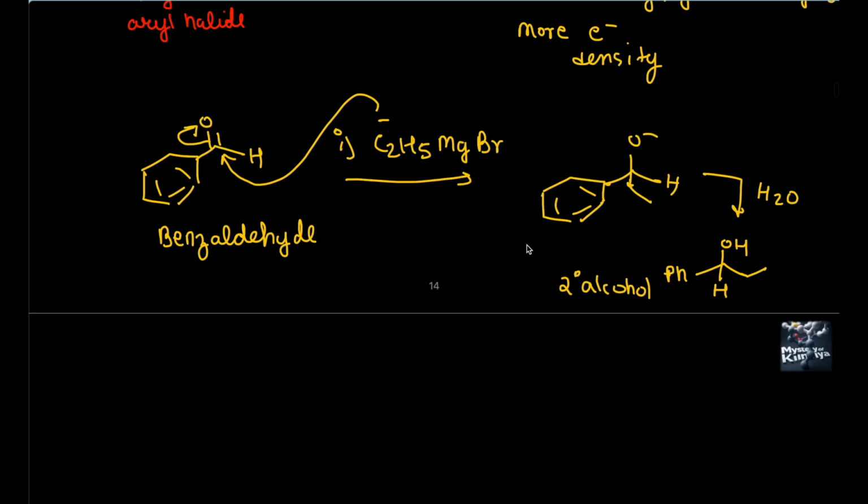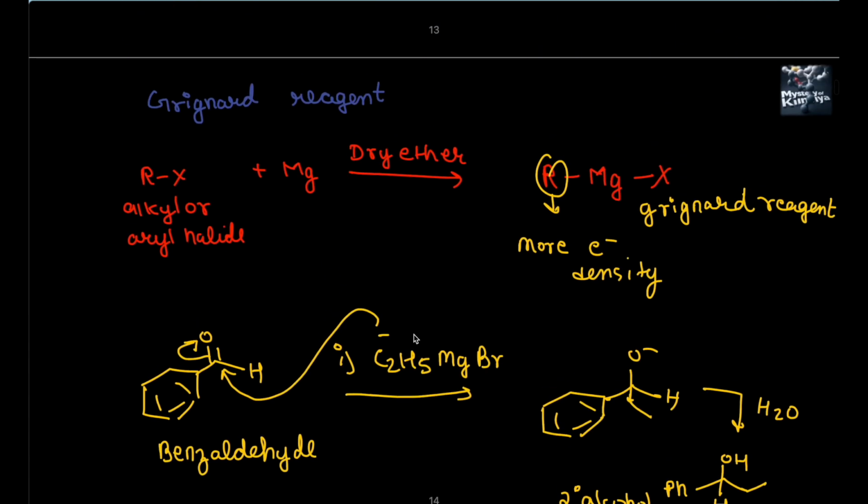So this is it for the video. I hope you understand how the Grignard reagent and alkyl lithium work. They are really good reagents for organic chemistry, because they give us a reagent which can act as a base as well as a nucleophile, and we can make a new carbon-carbon bond on adding it to carbonyl compounds, mostly aldehydes and ketones.